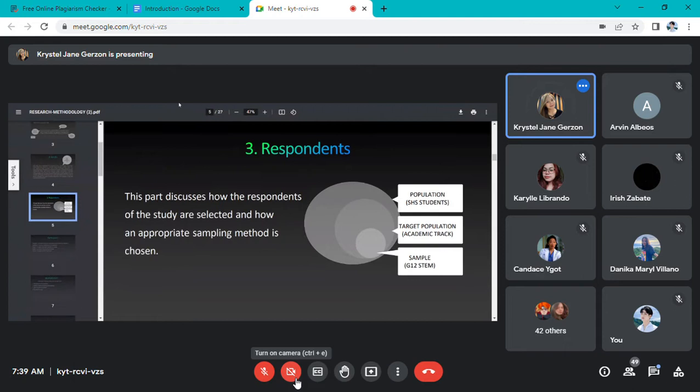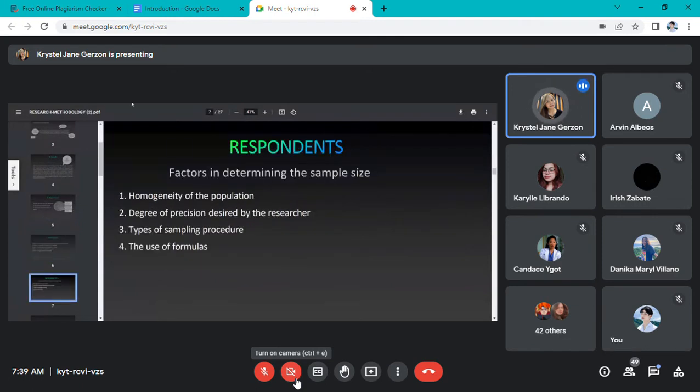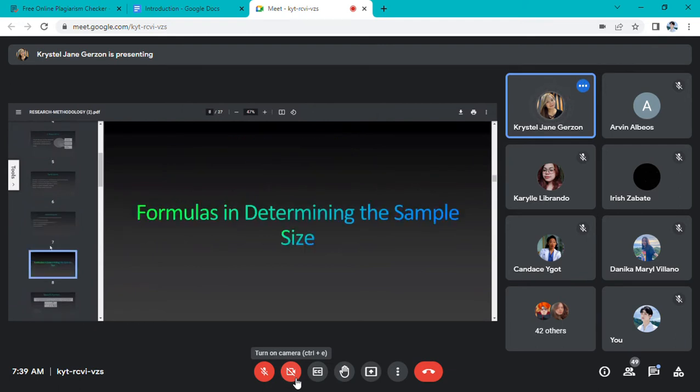Okay? Now let's move to the research respondents. So this part again discusses how the respondents of the study are selected and how an appropriate sampling method is chosen. So I think I have discussed also to you guys last time what are the sampling methods or sampling techniques in choosing your respondents.